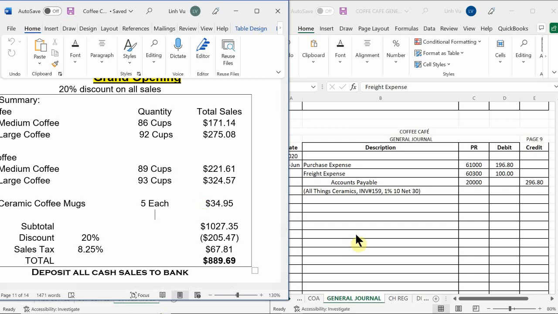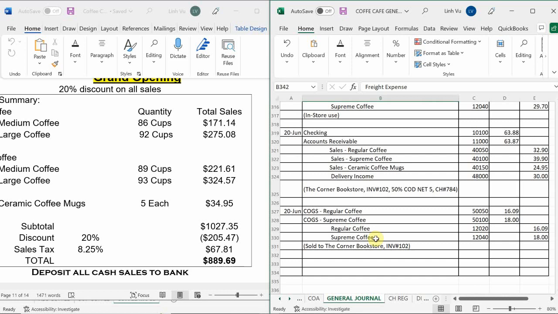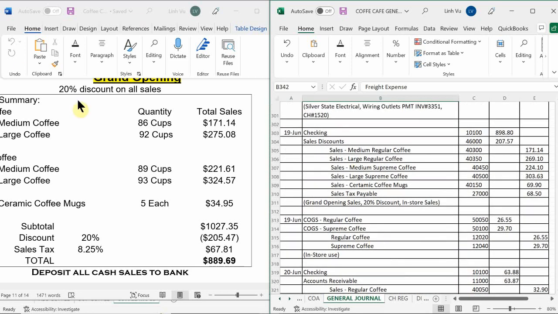So, how do I journalize this transaction?